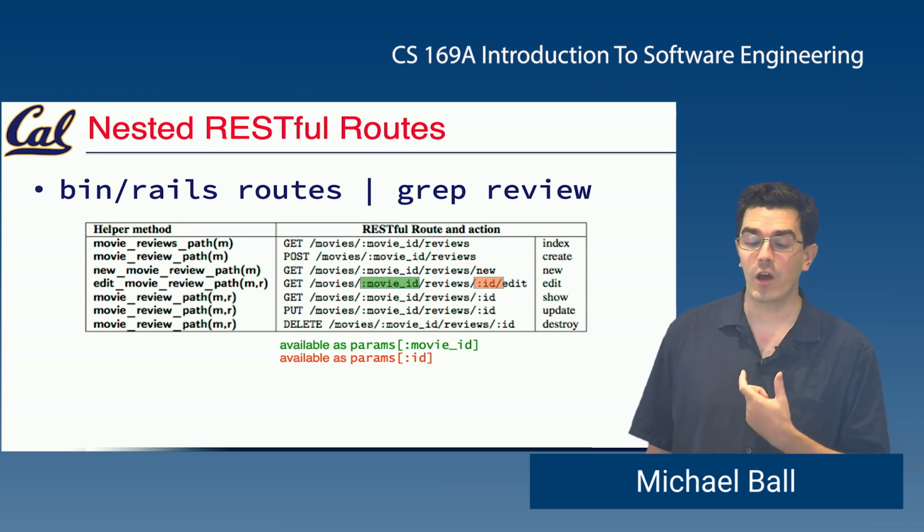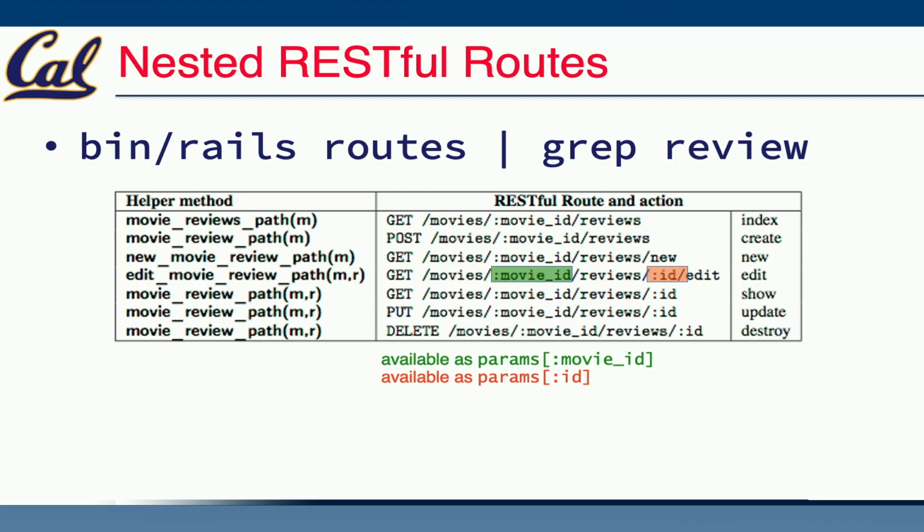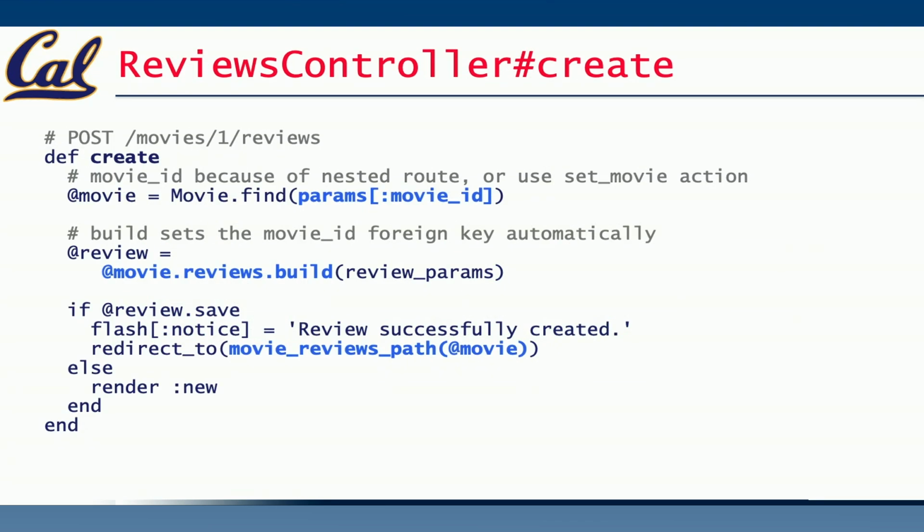And that ID that is unprefixed is always going to be the particular model that we're working with. But in our route, now the parameter that defines the movie is not just ID, but movie_id. And the way to think about this is that movie_id should match exactly to the movie_id column in our database. And Rails routes will help us see all those.